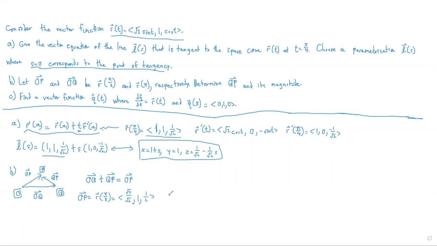And the other one is r of pi. Plug that into the vector equation here. Sine of pi is 0, and cos of pi is -1.